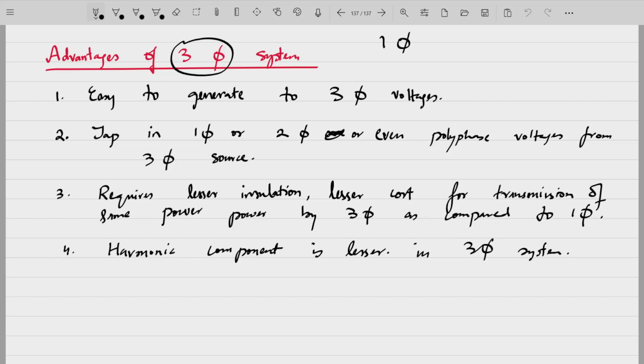Now, harmonics, as I said to you earlier, are basically voltage components that are introduced into your AC voltage that have a frequency that is a multiple of your fundamental frequency component.